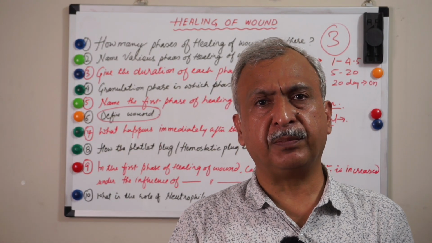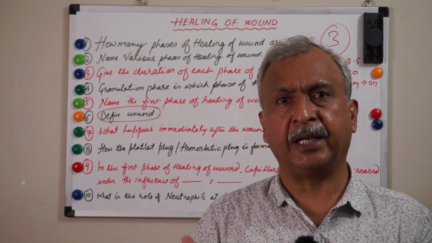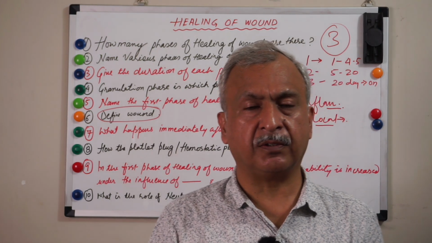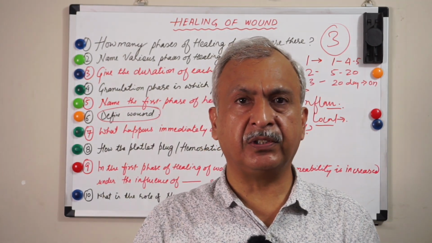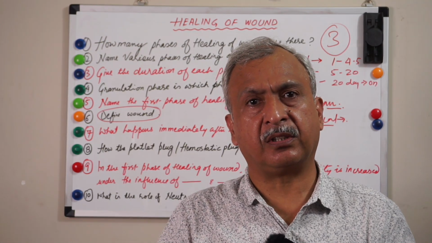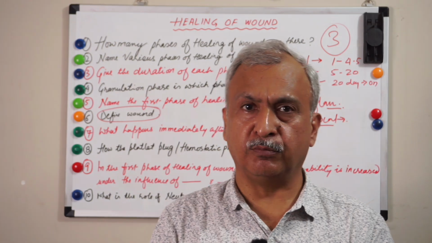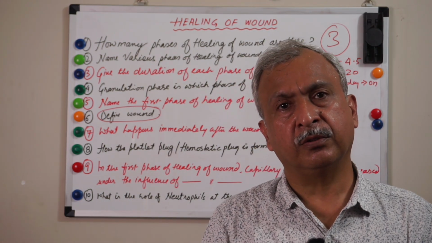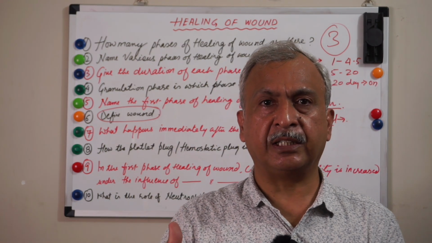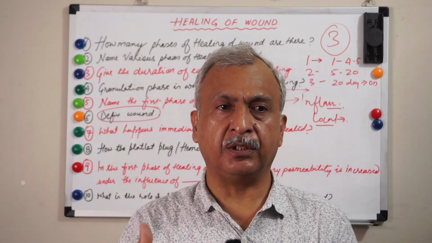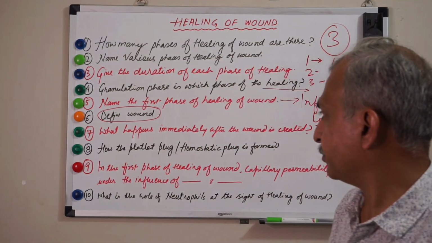So they help in the digestion of the dead, dying tissue, the margins of the wound, so that whenever these cells are constructing new tissue at the damaged site, they have to remove the old and dead tissue, so that a new site is available for forming the new collagen fibers.